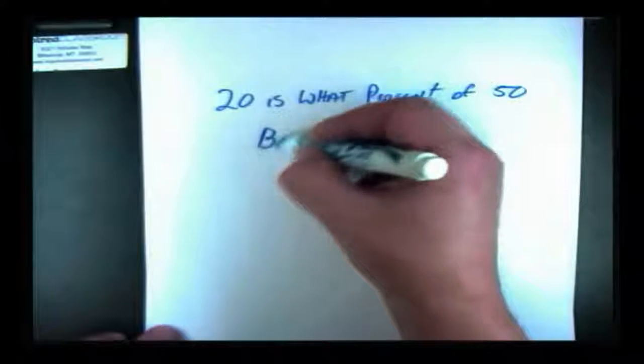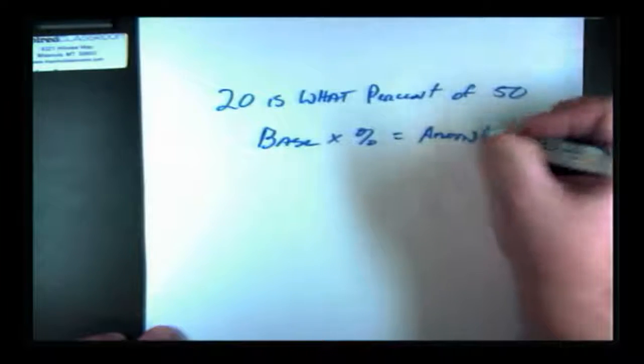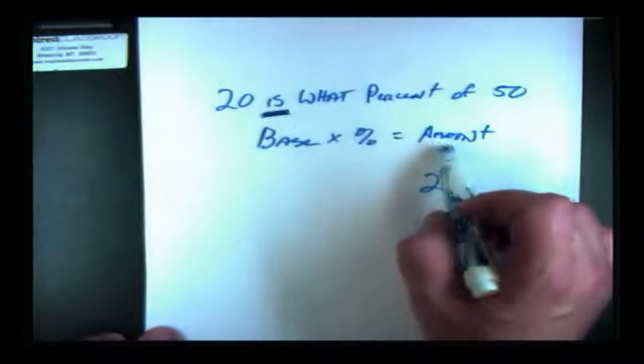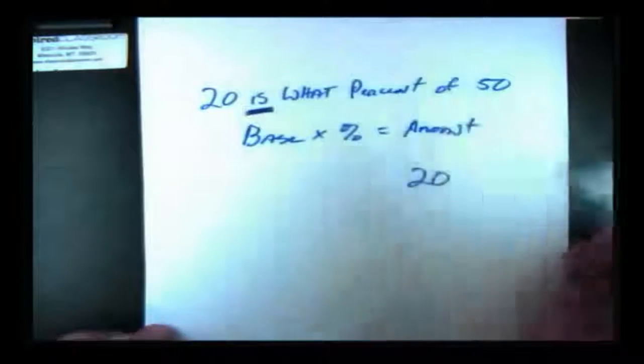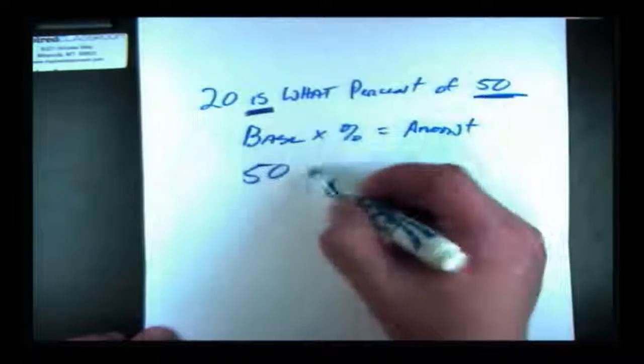Obviously, when I set this problem up, I have base times percent equals amount. In my formula, I see the word "is," and I know that that's 20, because that's my amount, and "is" and amount go with each other, or "is equal to," rather. And "of" is 50, so I know my base is 50.